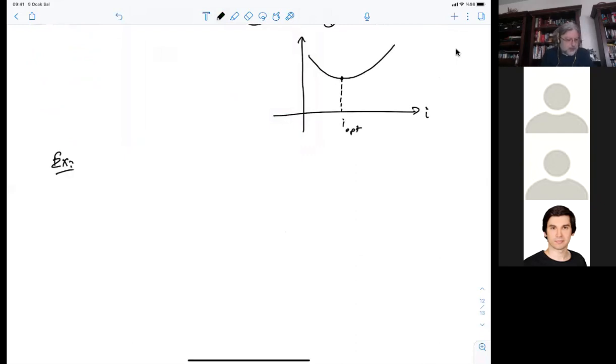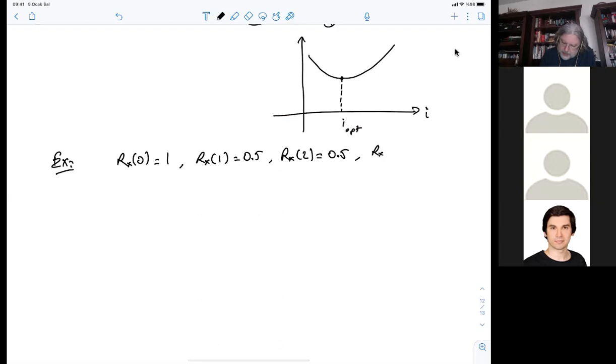Suppose that we made some measurements of the autocorrelation values, and they are found out to be like Rx of 0 is 1, Rx of 1 is equal to 0.5, Rx of 2 is equal to also 0.5, and Rx of 3 is 0.25, which is 1 over 4.